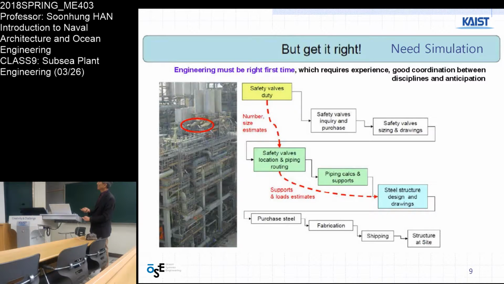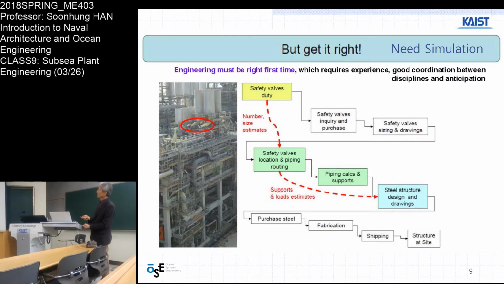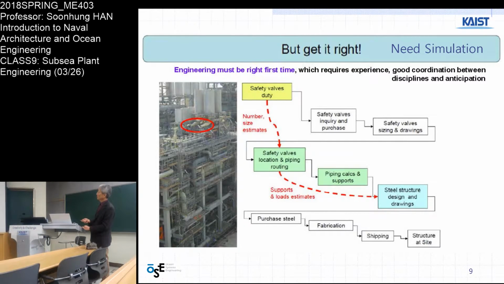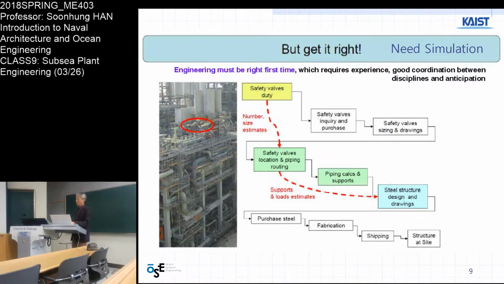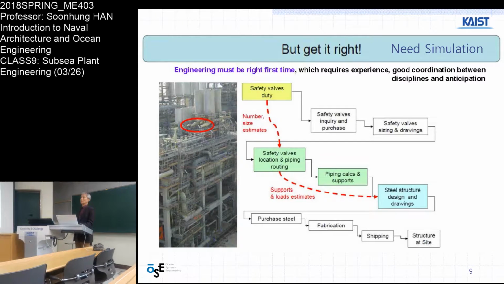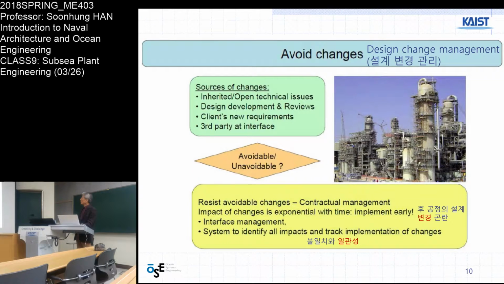So engineering or design, calculation, structural estimation, or support load estimation should be correct at the beginning. So you need more computer simulation than before, because something is uncertain, with more changes. So you need design change management.